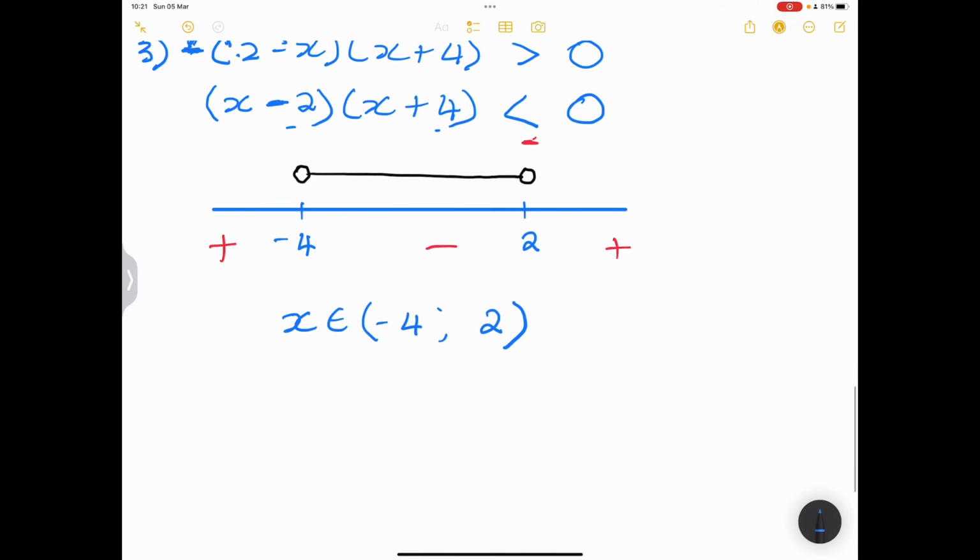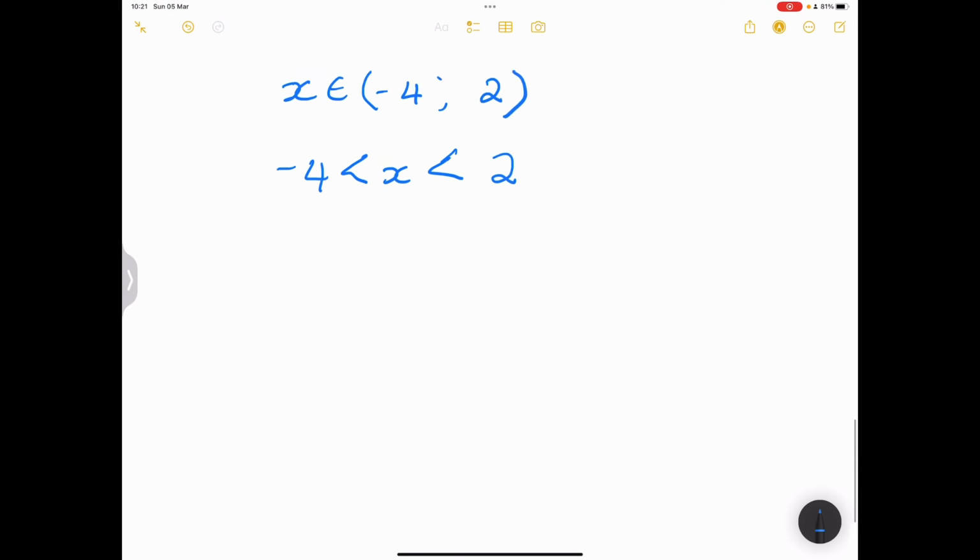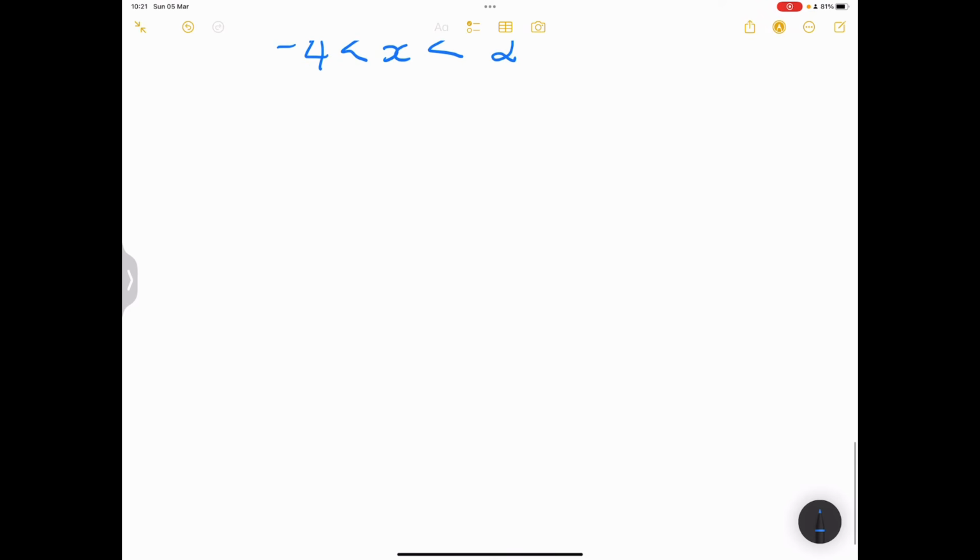Or we can simply put it this way: x is greater than -4, but x is less than 2. I hope that makes sense, ladies and gents, as we move swiftly along.